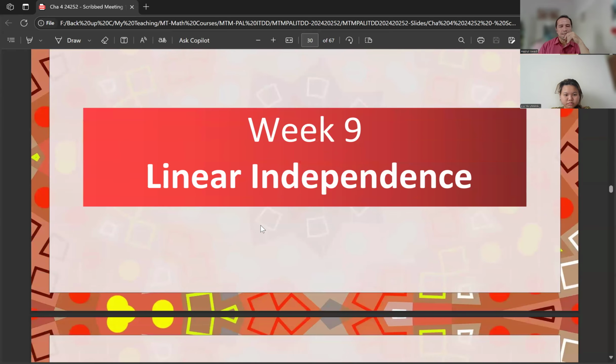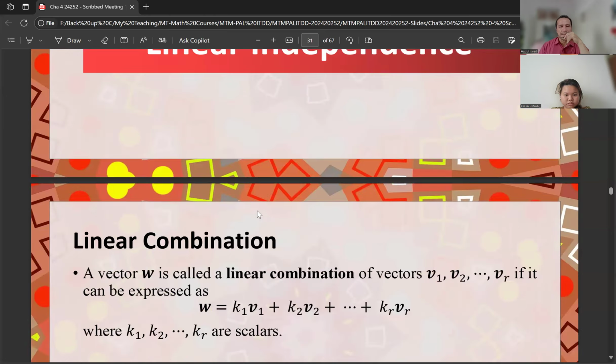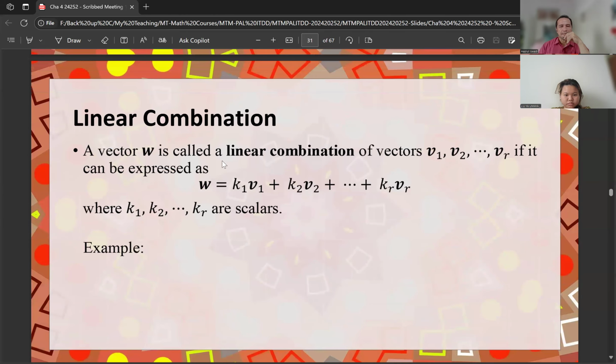Then in week 9, the previous week, we discussed linear independence. Linear independence comes from linear combination, so we talk about linear combination first. Linear combination means that we combine in a linear way, using addition and multiplication by scalar.